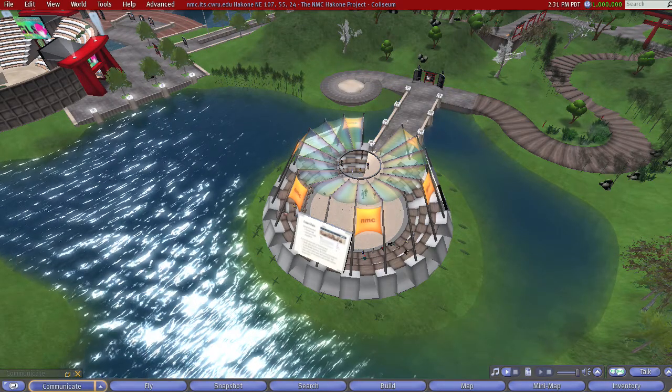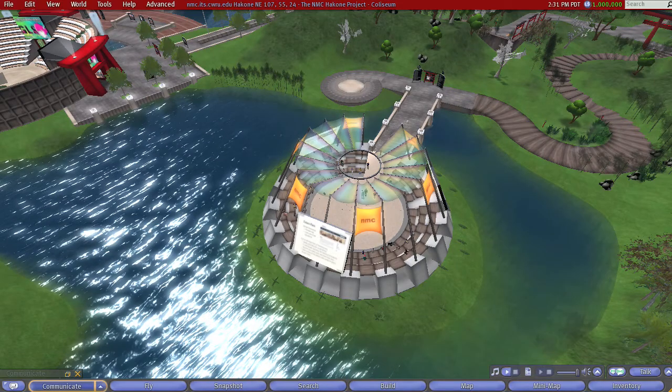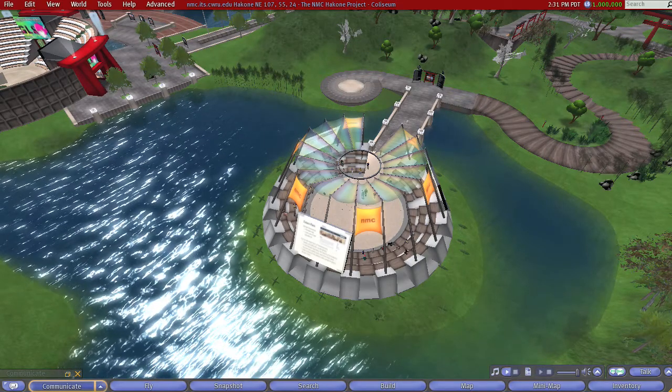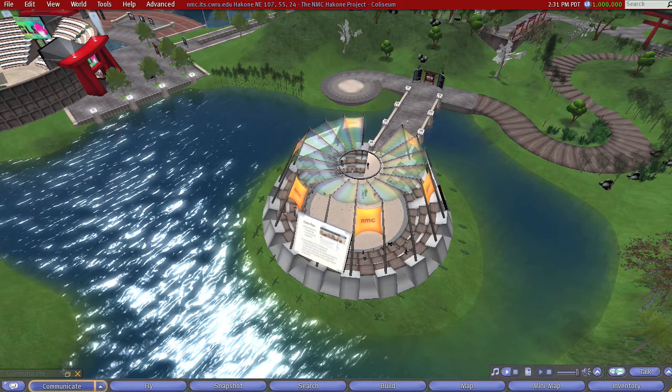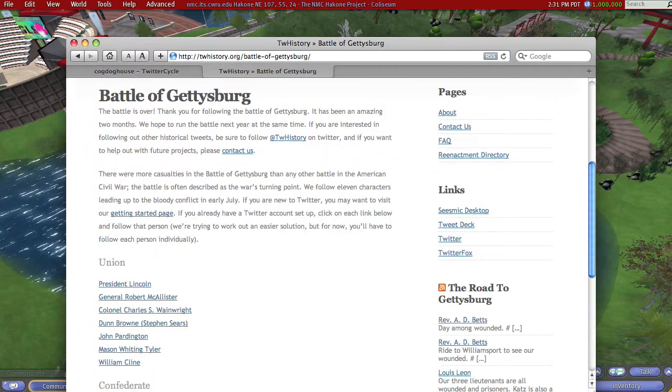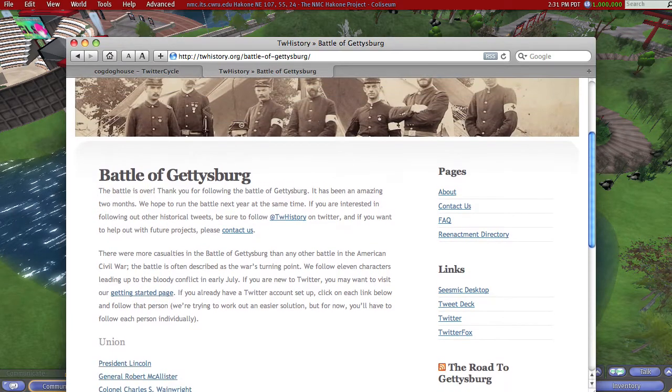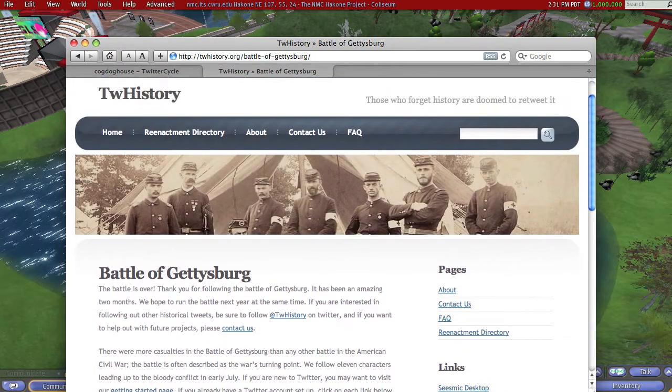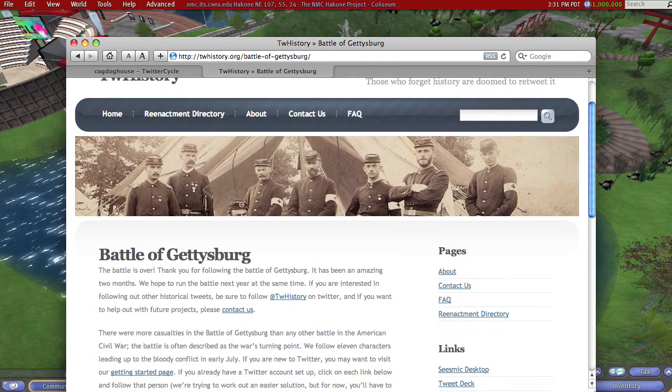At the same time, we should also add that we've been pretty flexible about who joins these TwHistory reenactments. We've had volunteers, and we've used Google groups, and people have come in from different places.